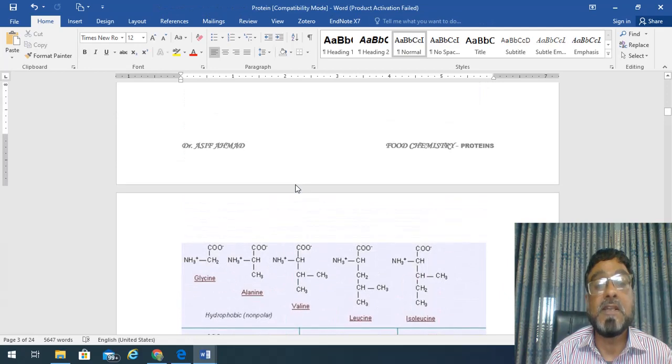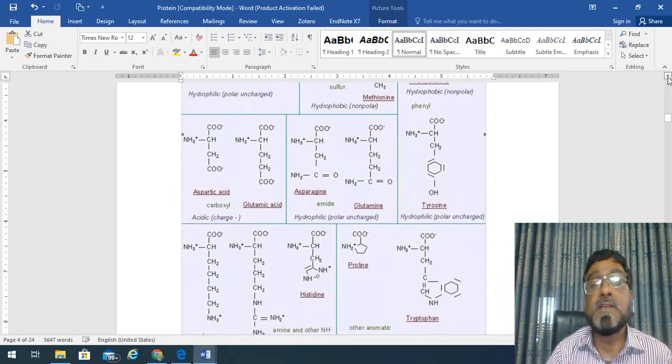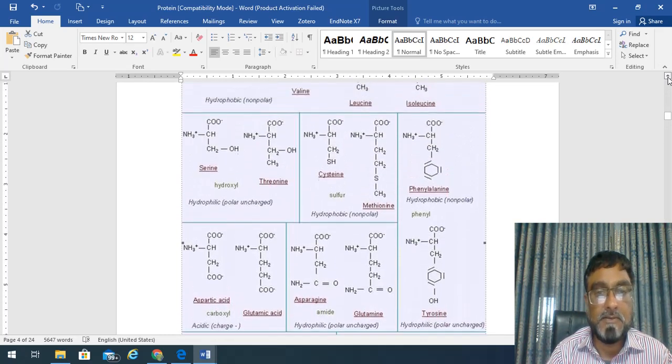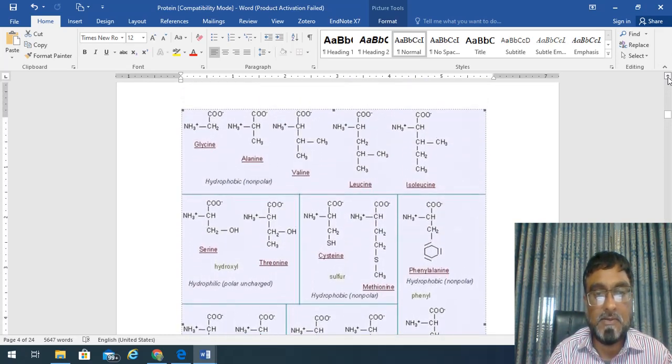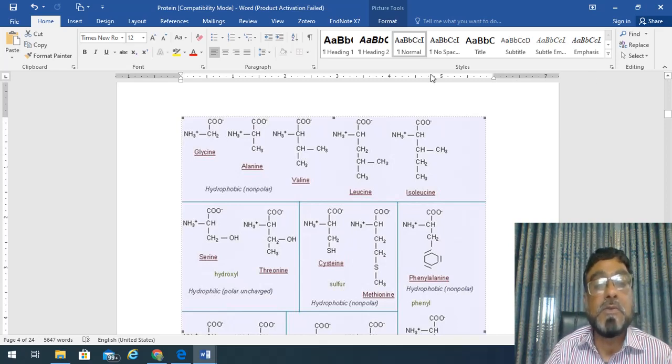So these are the structures of the amino acids, and you will be remembering all of these structures. You will be practicing all of these structures in this order as I am telling you. First of all, we will be looking at the hydrophobic and non-polar ones.